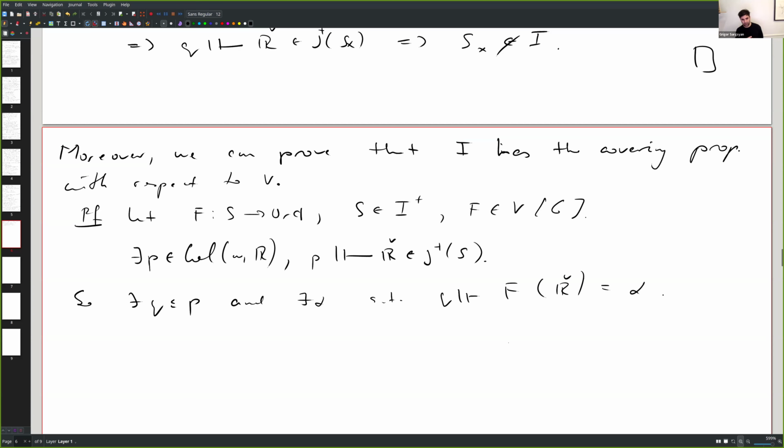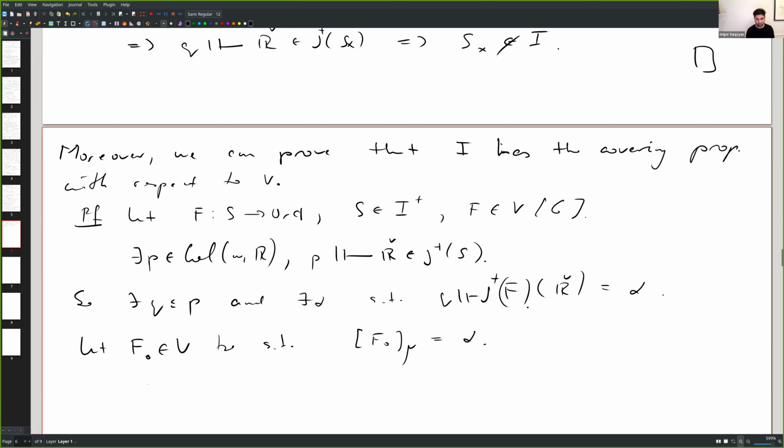So I can further extend P to decide the value of J plus F, so the image. But now I can pick a function in V, so now let F0 in V be such that its value is alpha.